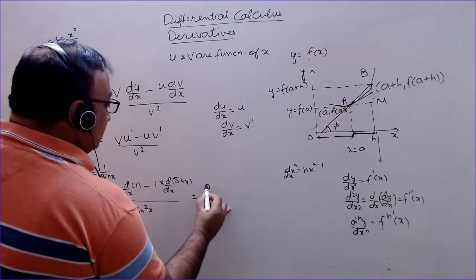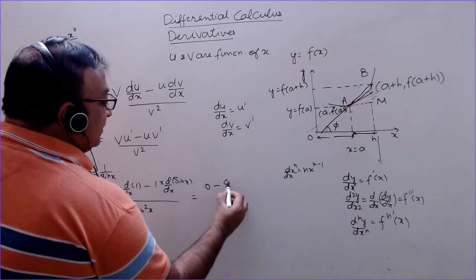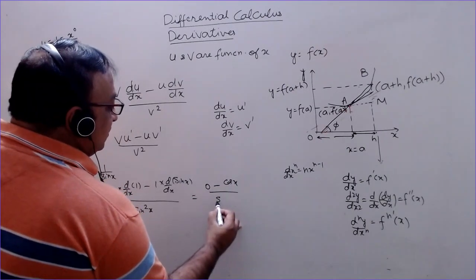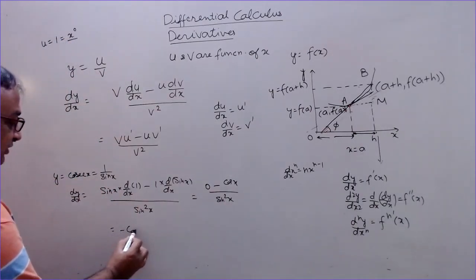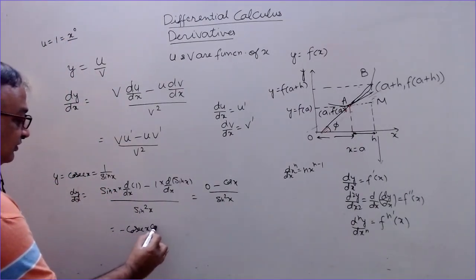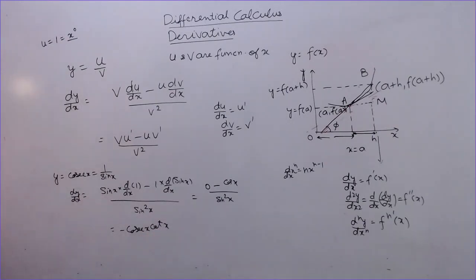So 0 minus the derivative of sin, which is cos x, over sin square x. So this is minus cosec x cot x. This is how you can find the derivative of a function which is expressed as the ratio of two functions.